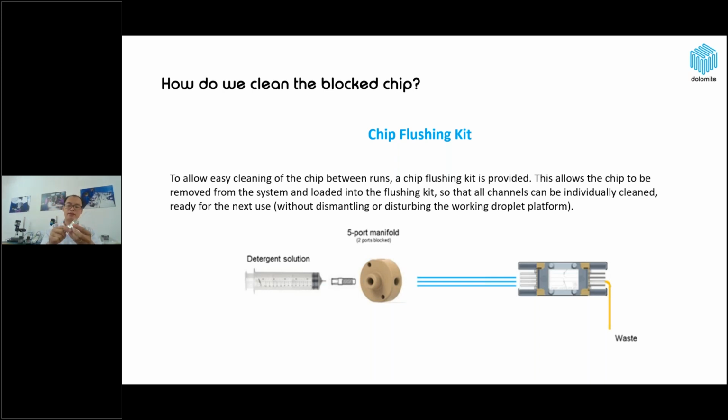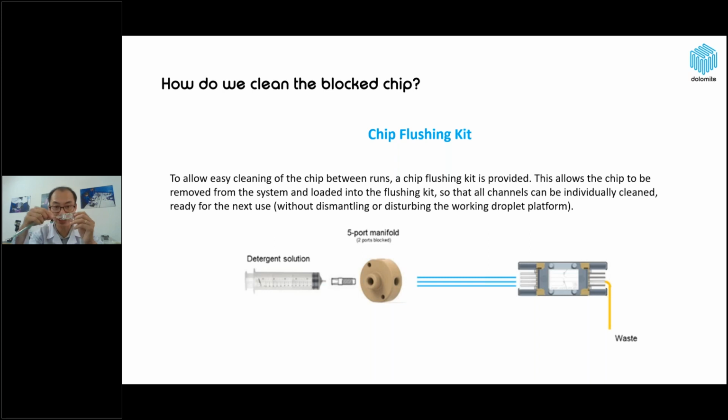This way, you can use the syringe to pump and flush in the reverse direction to remove the contaminant or dust that normally deposits at the chip junction side, by applying a little bit higher pressure with the syringe.